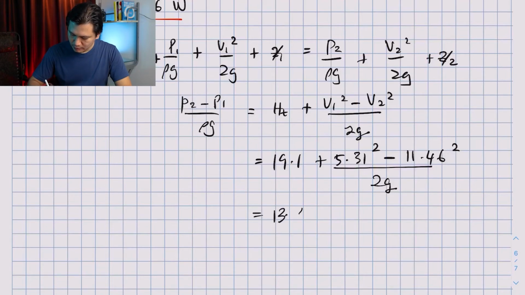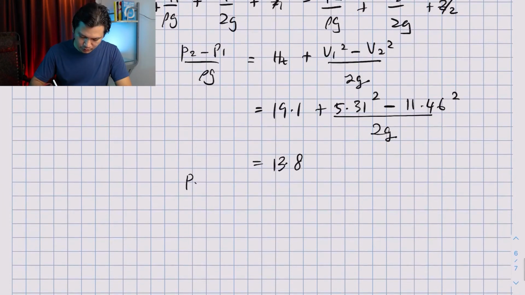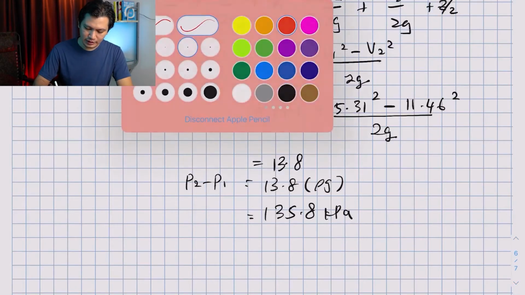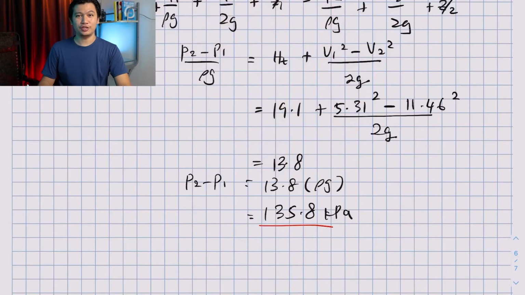This is 13.8. Okay, so P2 minus P1 is 13.8 times rho g. Rho g is 9810. Okay, so P2 minus P1 would equal 135.8 kilopascal. Alright, and there you go. This is the answer for the fourth question.